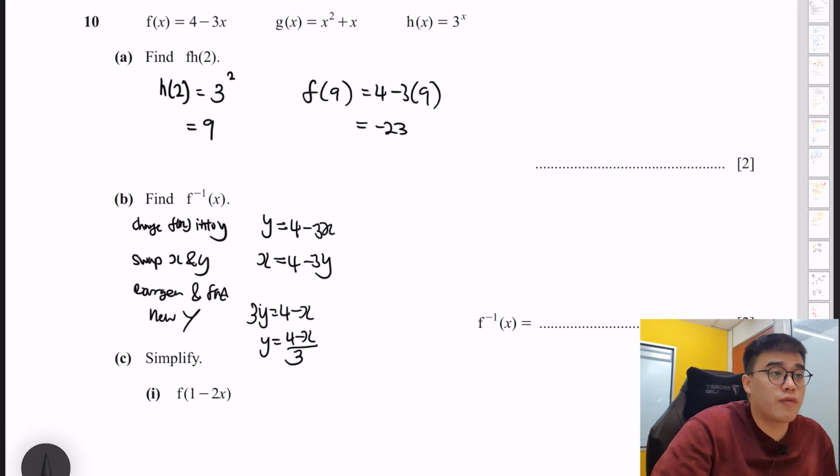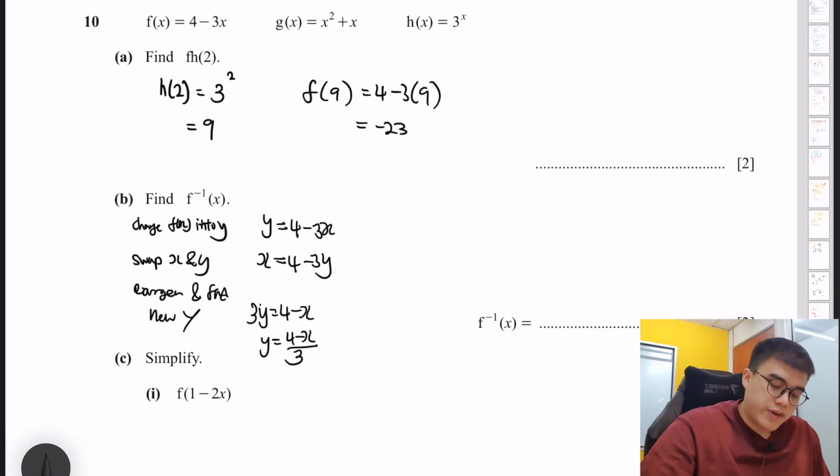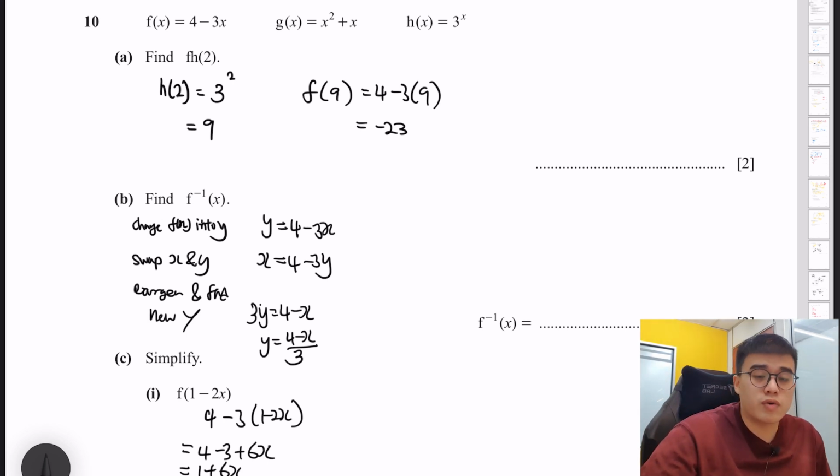That will be your final answer. Moving on, substitute the negative 1 minus 2x into the x position. You will get your answer as 4 minus 3 plus 6x. So 1 plus 6x will be your final answer.